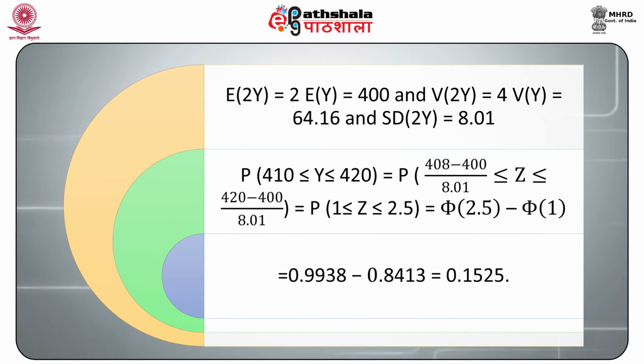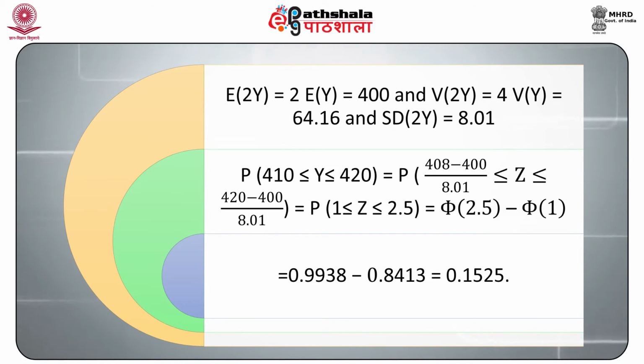In the second case, E2y is equal to 2Ey, which is equal to 400, and V2y is equal to 4Vy, which is equal to 64.16, and the standard deviation of 2y is equal to 8.01.